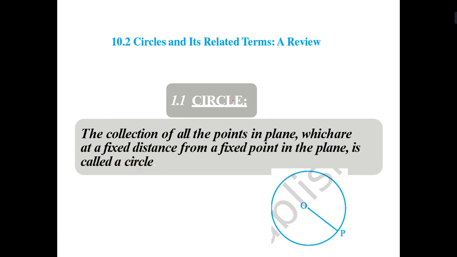You must remember it anyhow. If someone asks what is the meaning of a circle? The collection of all points in a plane which are at a fixed distance, or we can say equidistant, from a fixed point in a plane is called a circle. That is the definition. Now the terms related to it.